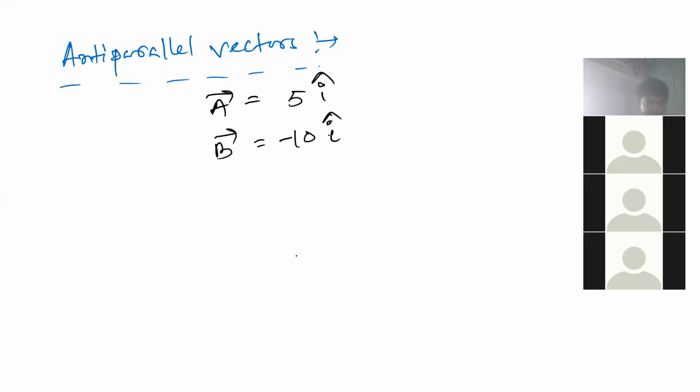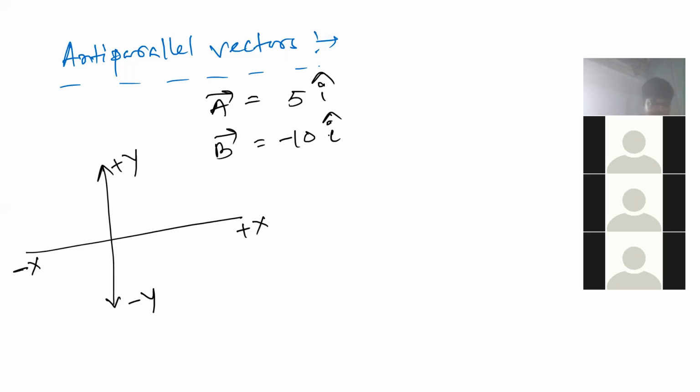If I draw the coordinate axes to make you understand, suppose this is the positive x-axis, this is the negative x-axis, the vertical one is the positive y-axis, and this is the negative y-axis. A vector has a magnitude along the x-axis of 5 unit. B vector has a magnitude of 10 unit along the negative x-axis.